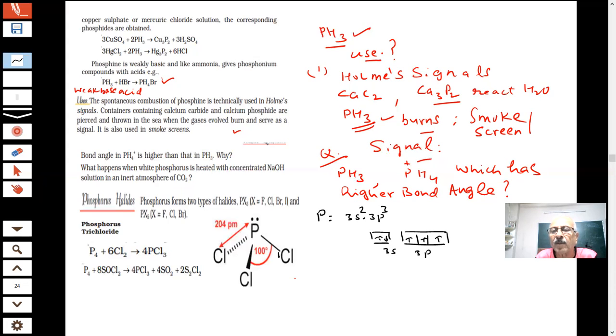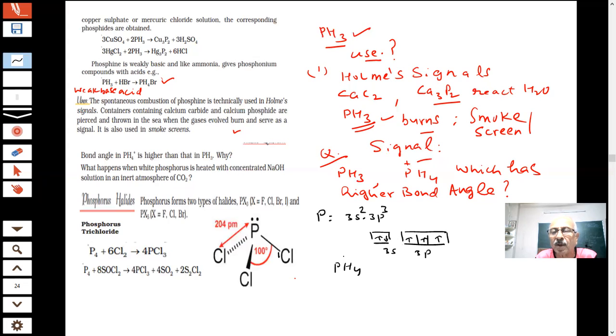In PH3 it is sp3, and there is a lone pair of electrons.